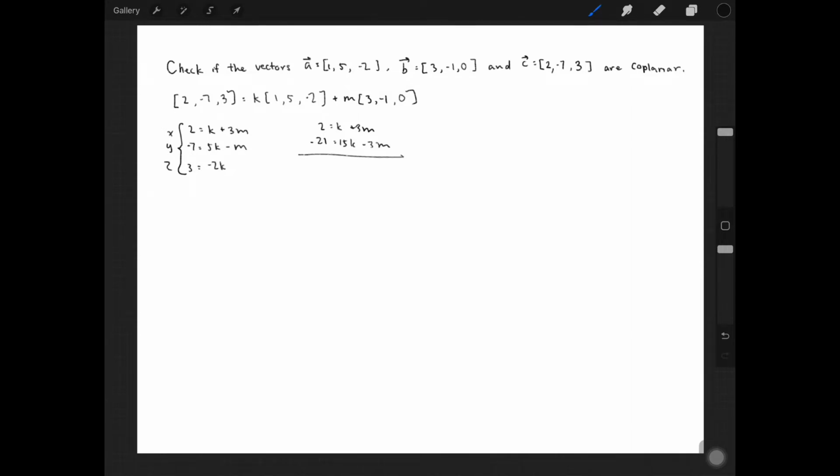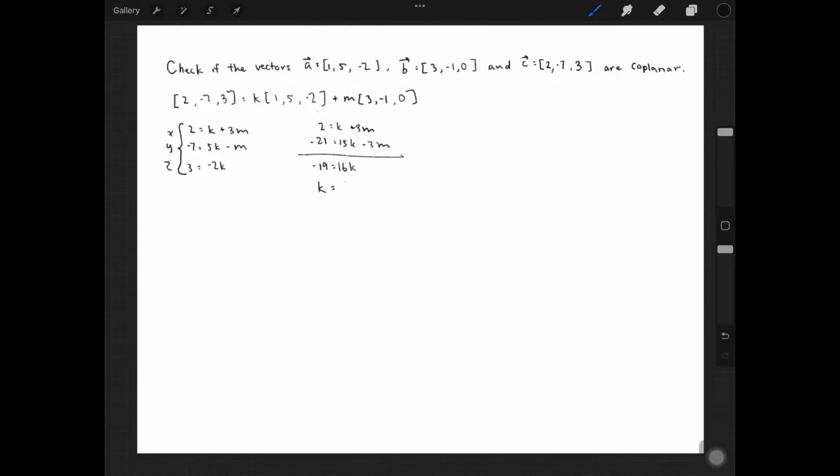Okay, so here we have 2 minus 21, which is -19. And then we got 16K, and then we have no M. Alright, now K will equal -19 divided by 16.